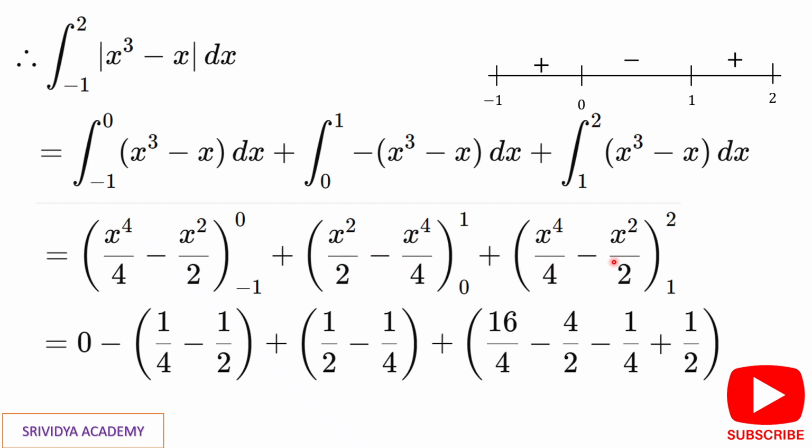Let us evaluate the third term. When we put x equals 2, we get 16 by 4 minus 4 by 2. Minus of, when we put x equals 1, we get minus 1 by 4, and minus of minus 1 by 2, which is plus 1 by 2. So take 4 as LCM and simplify, we get 11 by 4. Therefore, the value of the integral from minus 1 to 2 of modulus of x cube minus x dx is nothing but 11 by 4.